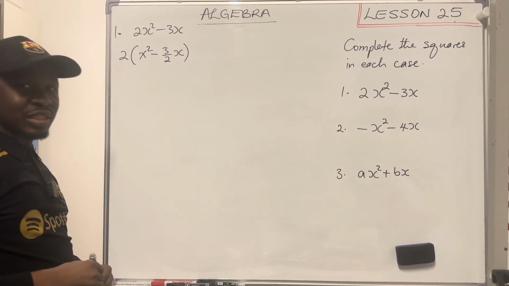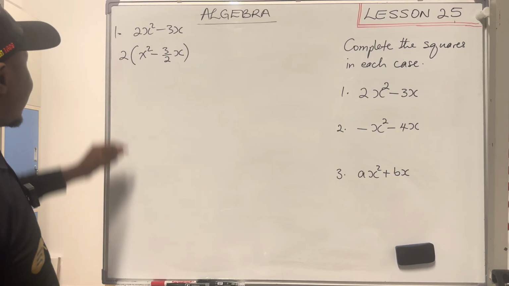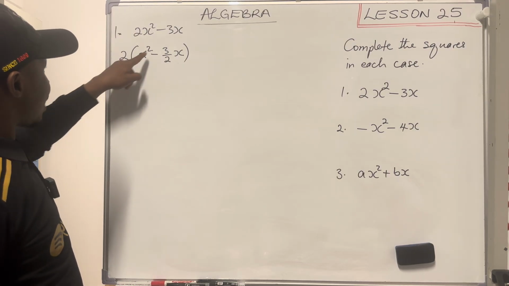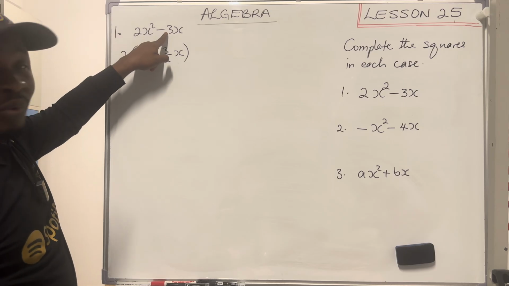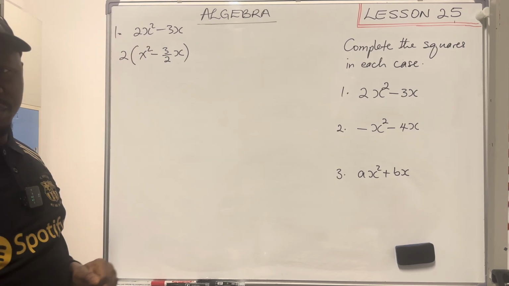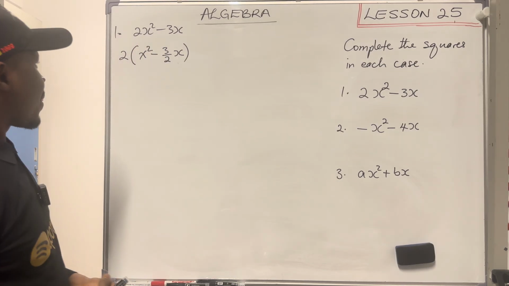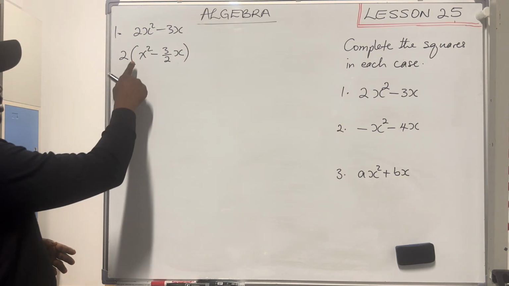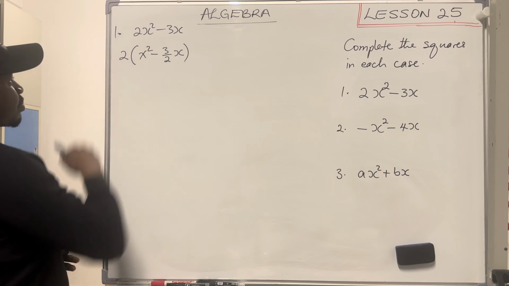If you want to believe that what we've done is correct, you can say 2 times x squared is 2x squared. 2 times 3 upon 2 will give you 3, because 2 will cancel 2. Do you see that?